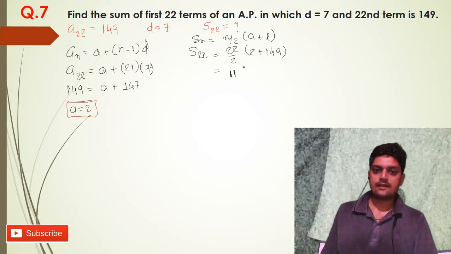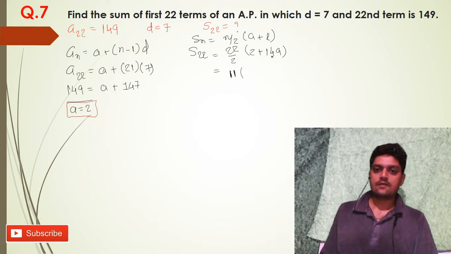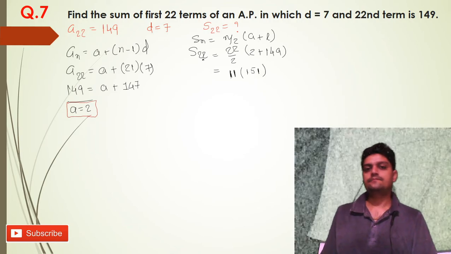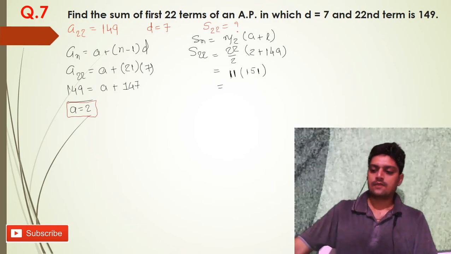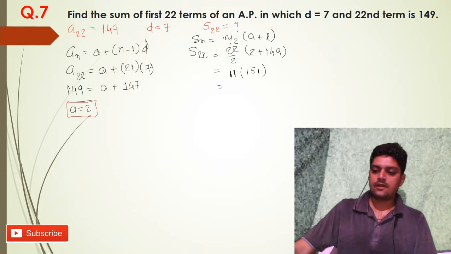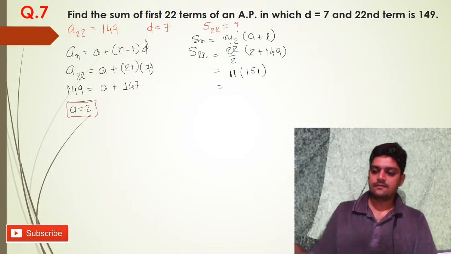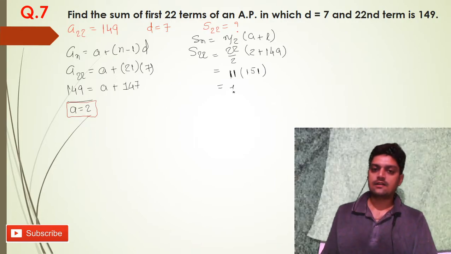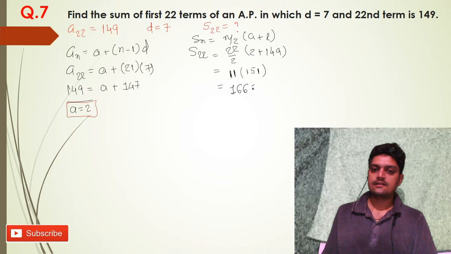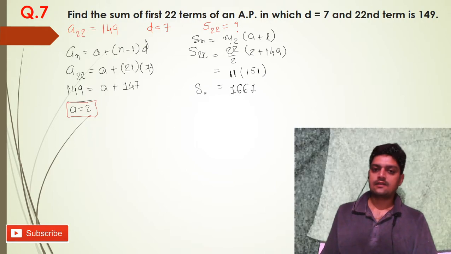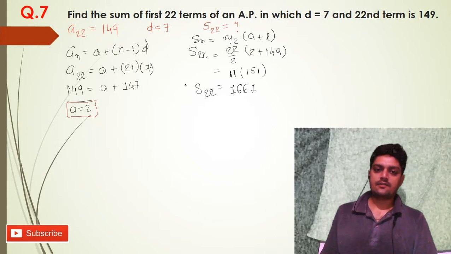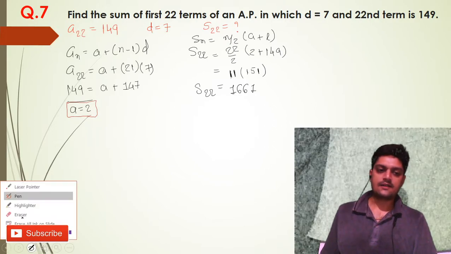That is 11, and 149 plus 2, 151. So 151 into 11, so that is 1661. So this answer will come 1661. So S22, the sum of first 22 terms. Let me highlight this answer.